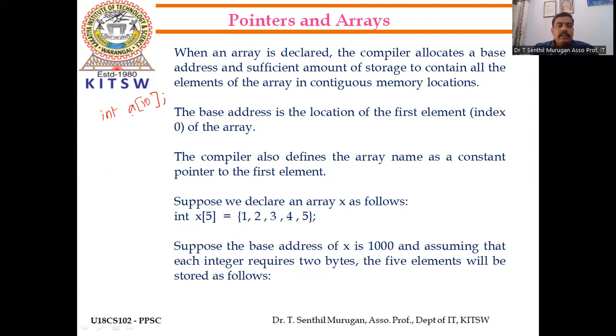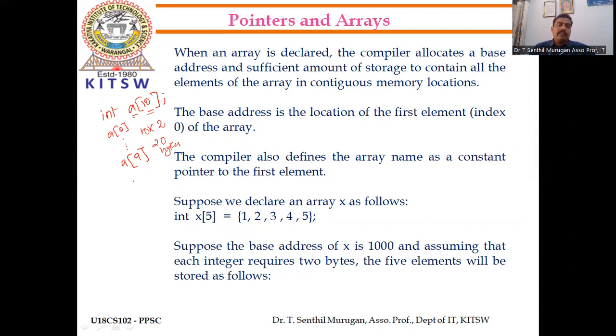A has size 10, which means the array indexing starts from A of 0 to A of n minus 1, so n minus 1 means 9. The indexing runs from 0 to 9. Then 10 into the size of an integer: if we take an integer as 2 bytes, that means 20. So 20 bytes of continuous memory will be allocated for this array.